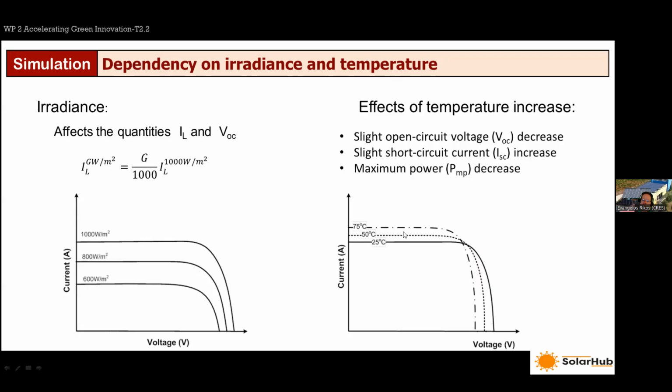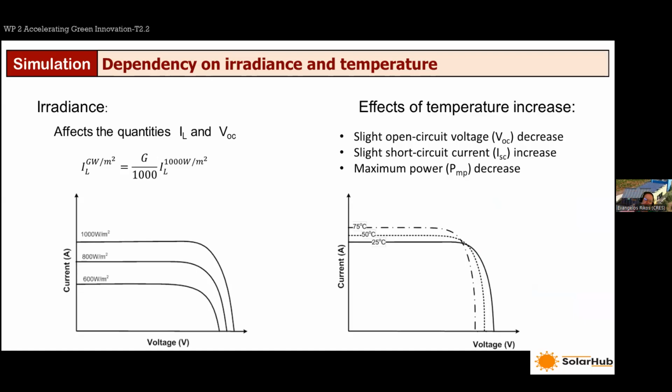Okay, when the module temperature changes, however, it's a different story, because for higher temperature the short circuit current increases here, but the open circuit voltage decreases. Or the other way around, if we have colder operating conditions, the open circuit voltage tends to increase.